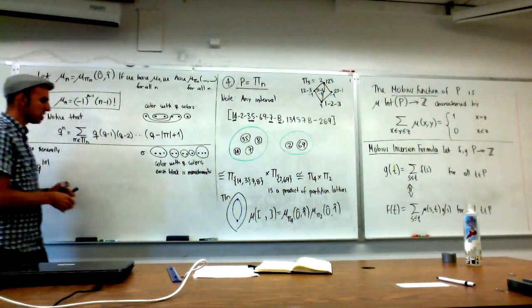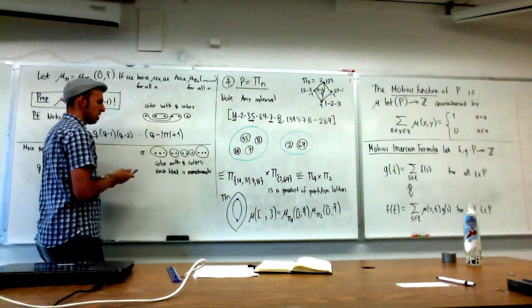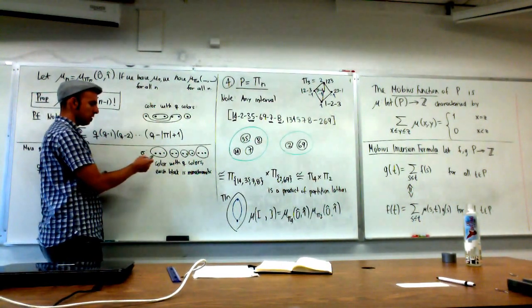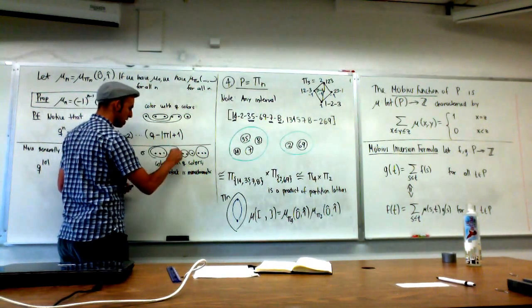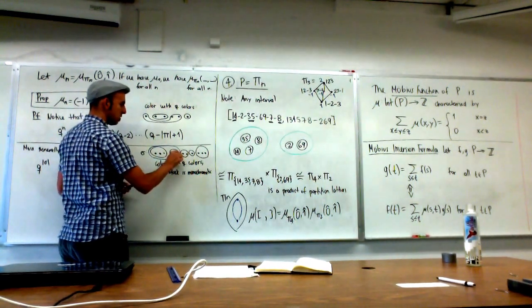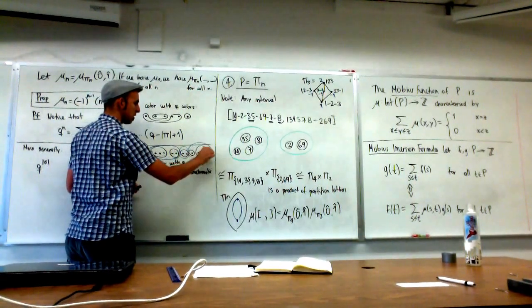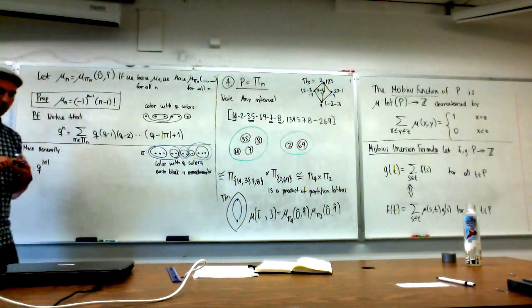But I can do the same procedure as before. I can say, well, now a different way of doing this is just to say maybe these 2 blocks are going to get the same color, this one is going to get a different color, and these 2 are going to get the same color.